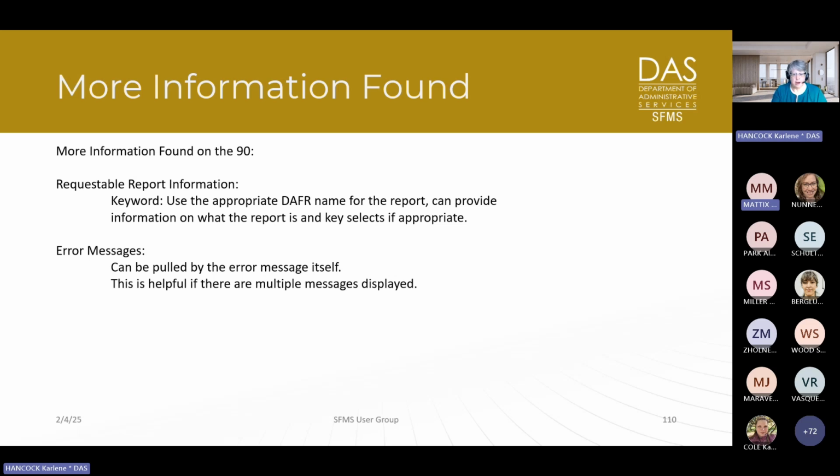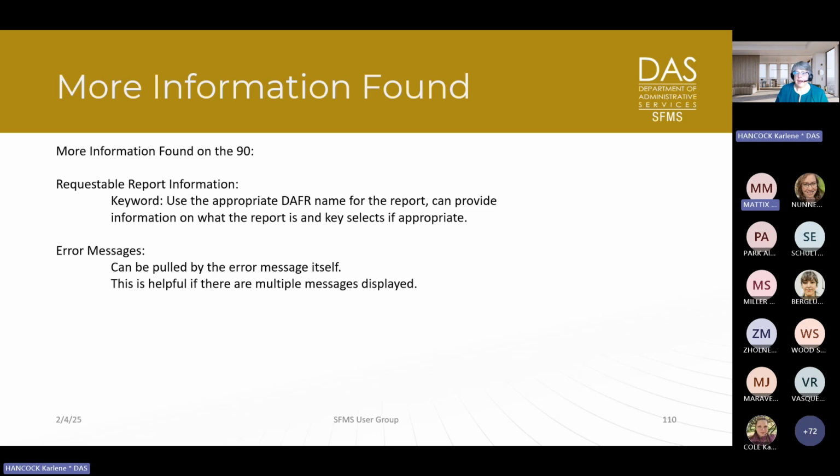Control reports are not there, but requestable reports are. And error messages can also be pulled by those error message notes. So if you don't hit F1 or if there are multiple error messages, you can go there and just type as many as you want and find error message information galore.